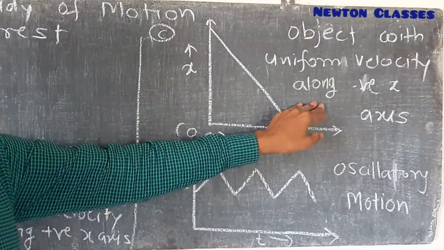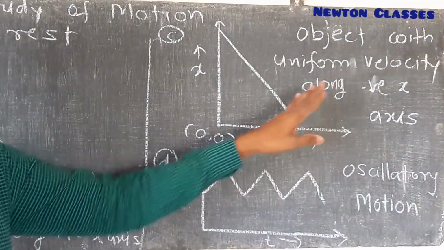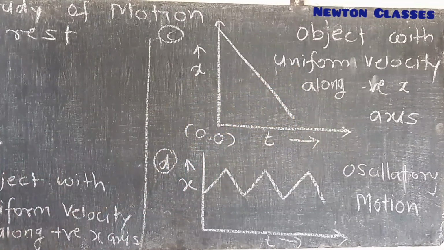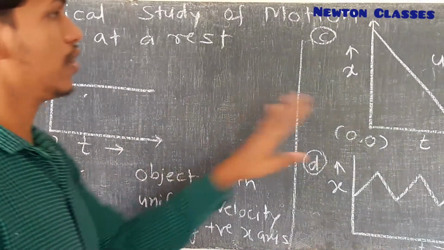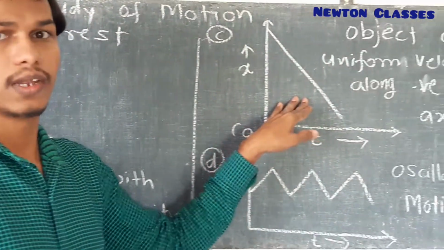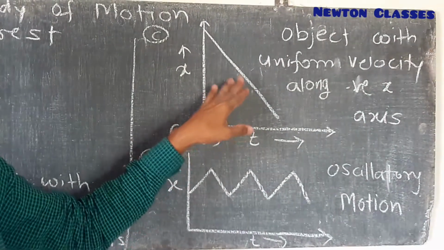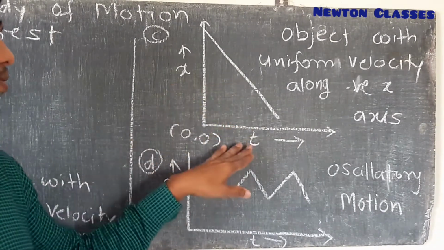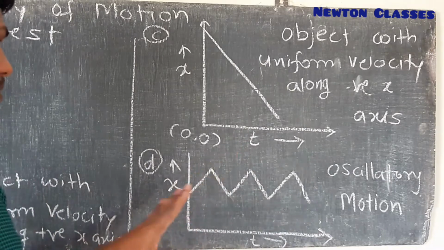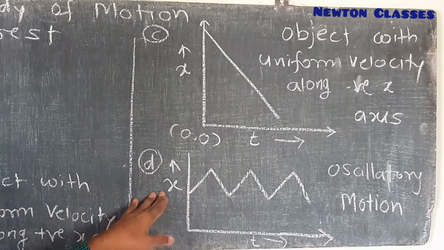Then we will obtain a line which is exactly opposite to the case when the object moves along the positive x-axis. Here also the object moves along the negative axis with uniform velocity, so at each point the ratio of the displacement upon time is constant.